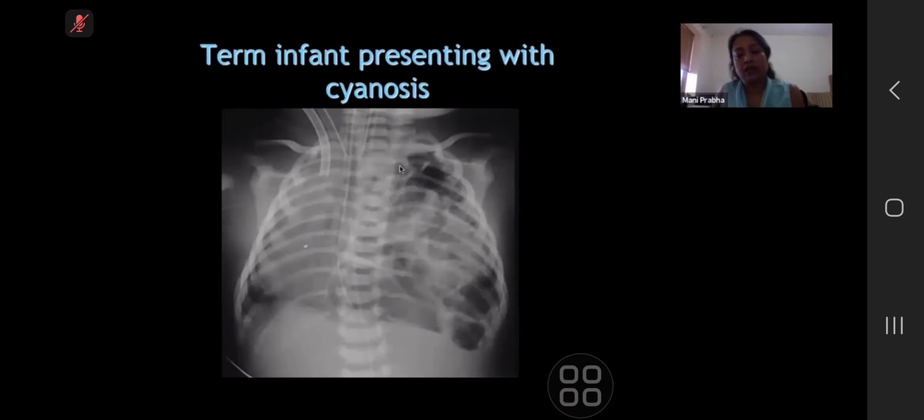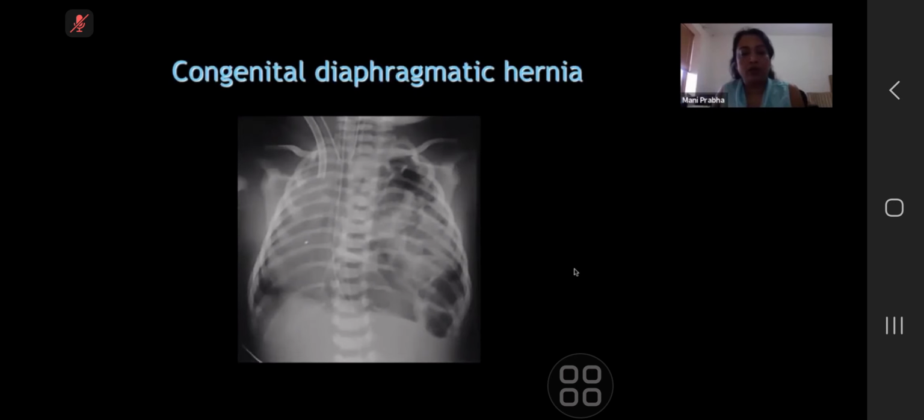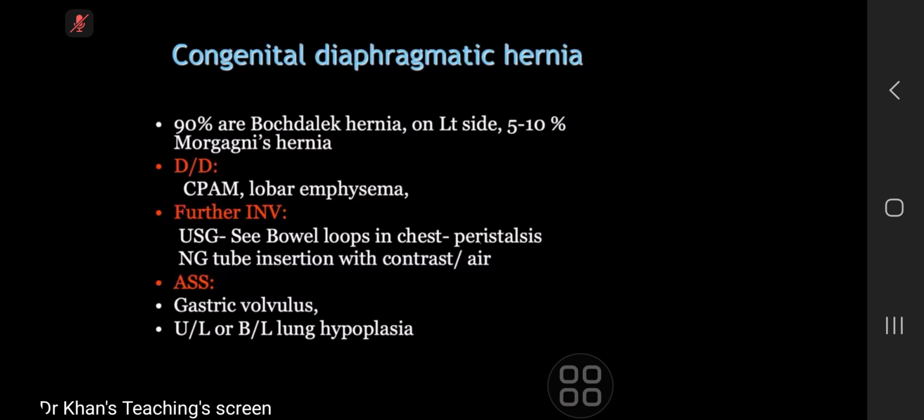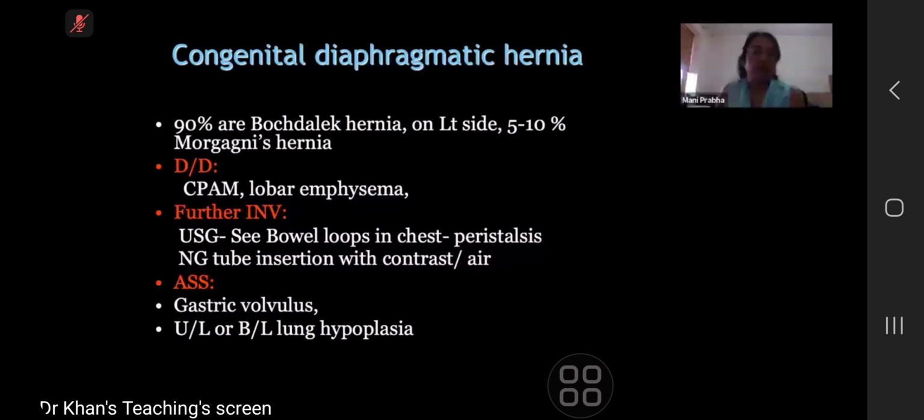These are bowel loops, and if you did auscultation, you would hear the bowel sounds, and if you did an ultrasound scan, you would see peristalsis. That's how it is confirmed, and then it goes straight for surgery. So congenital diaphragmatic hernia: 90% are Bochdalek hernia, on the left side, and 5 to 10% would be Morgagni hernia.